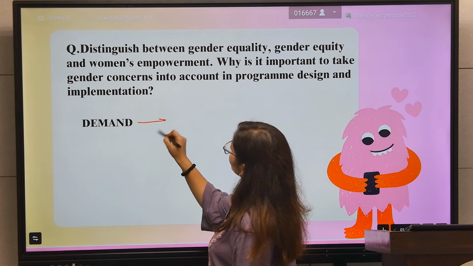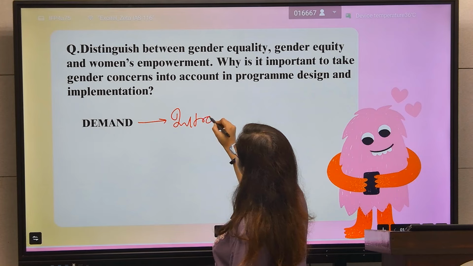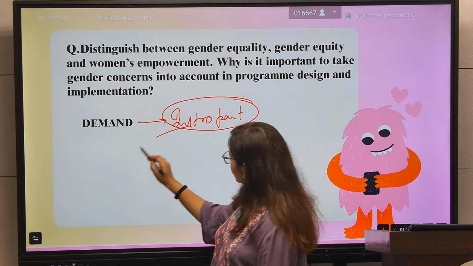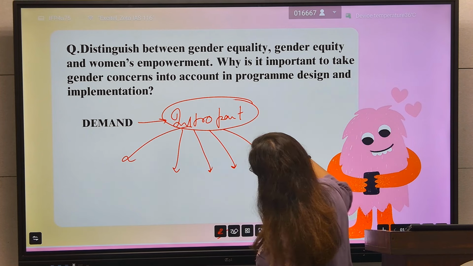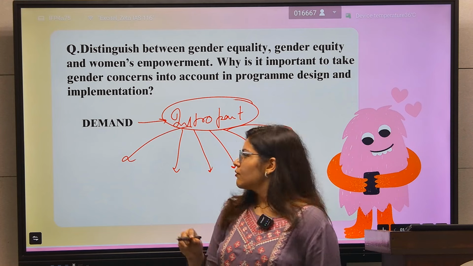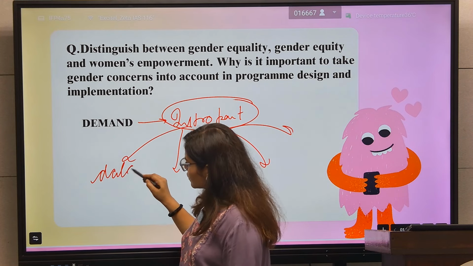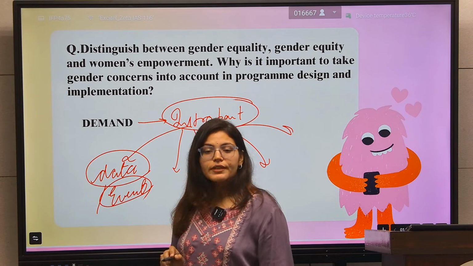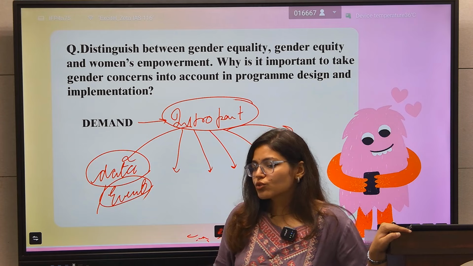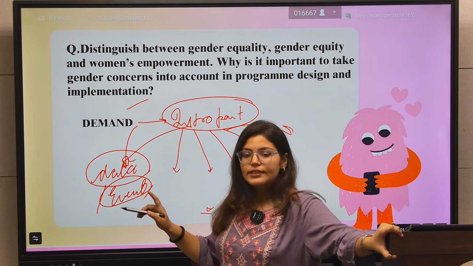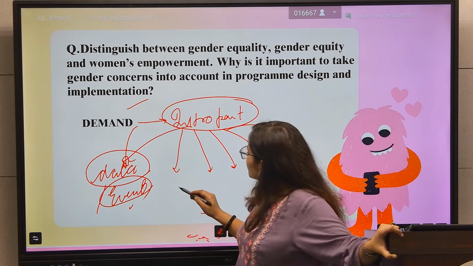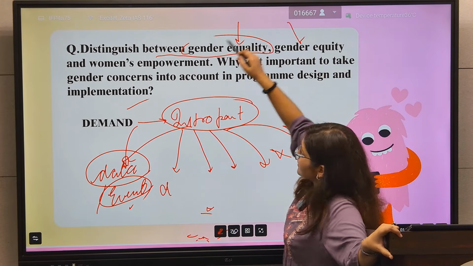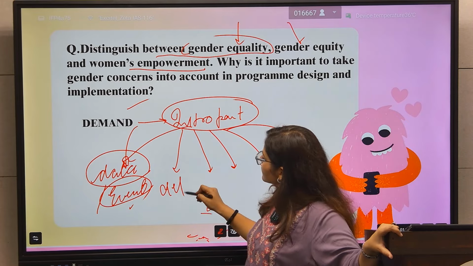Now see, first in the intro part: for a society question, there are 4 to 5 types of intro. First is data or an event, when the question is on increasing or decreasing trends, so you start with the data or event. When the question is on a term, like distinguish between, where they are directly asking about the term, the best intro is the definition.